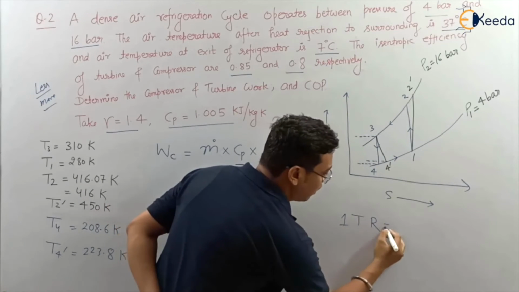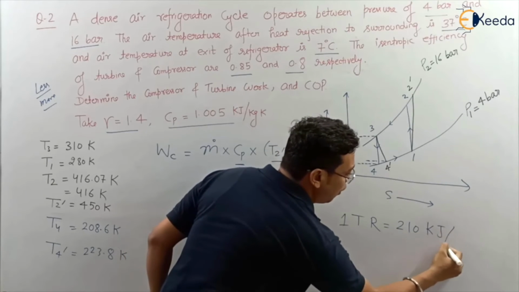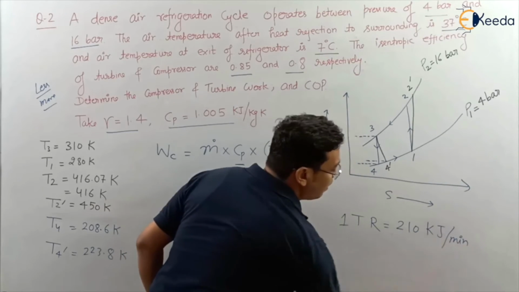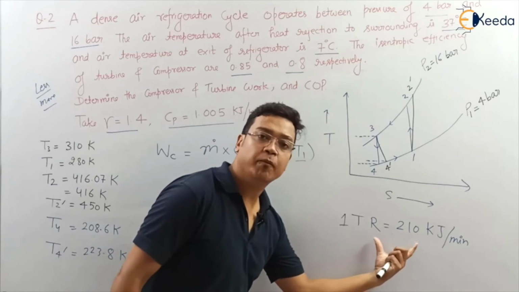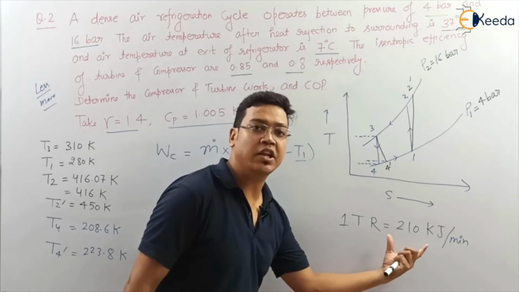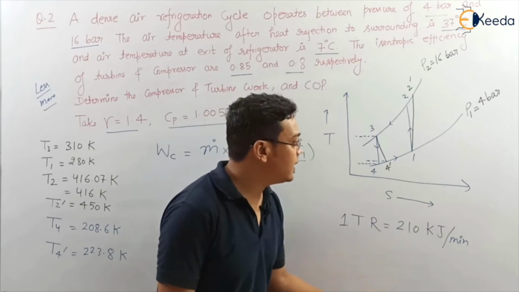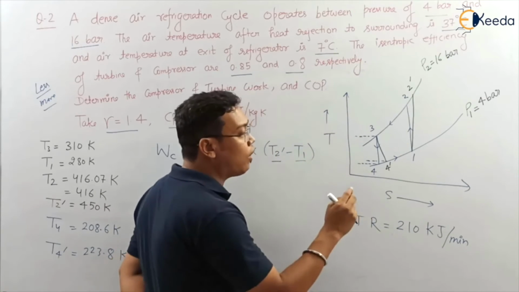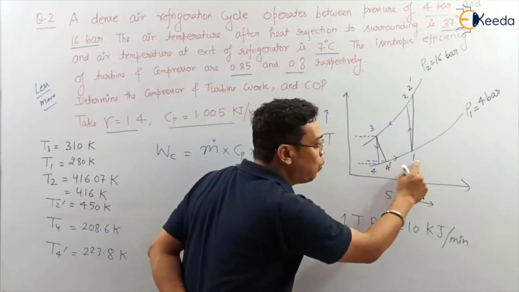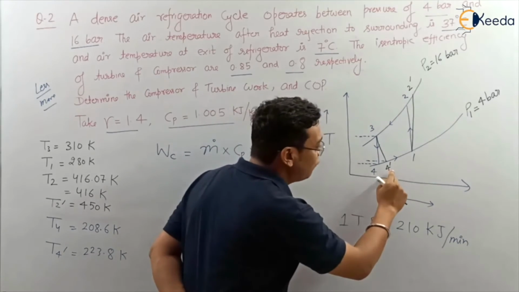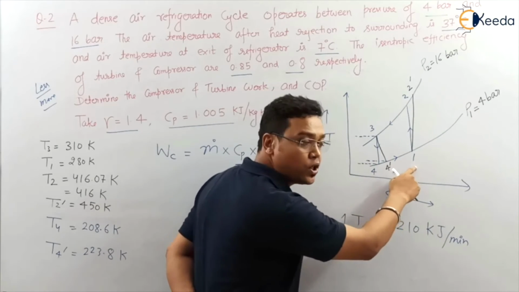1 TR is equal to 210 kilojoule per minute. You know what is this? This is refrigeration effect. That means 1 TR is equal to 210 kilojoule per minute is a refrigeration effect or refrigeration process. And which one is the refrigeration process? 4 to 1. You know temperature at 4 dash and you know T1 also.